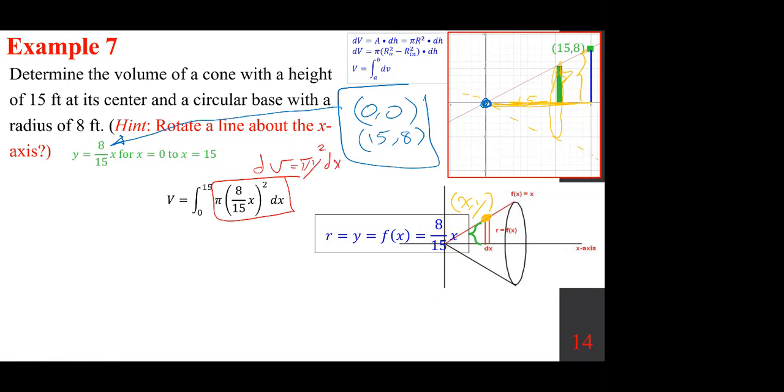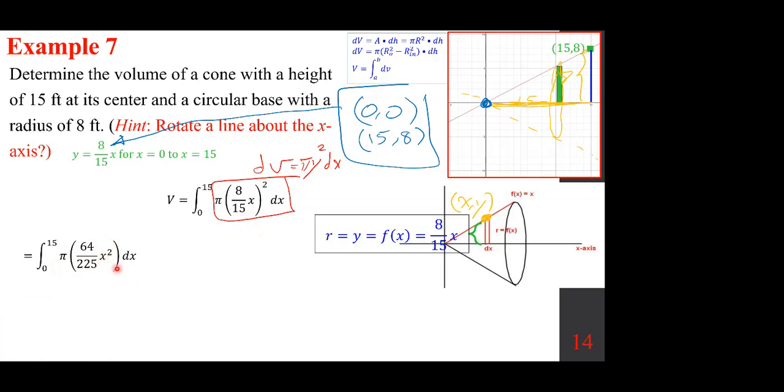And so this is pi. You square the 8, it becomes 64. You square the 15, it becomes 225. I honestly believe from here on, it's just basic. You can do that. So pi times 64 over 225, and times x squared gives you 1/3 x cubed.